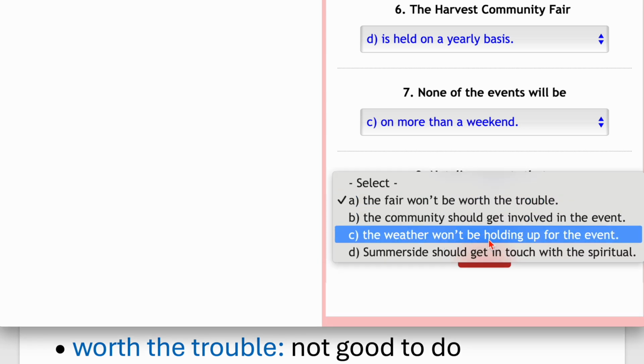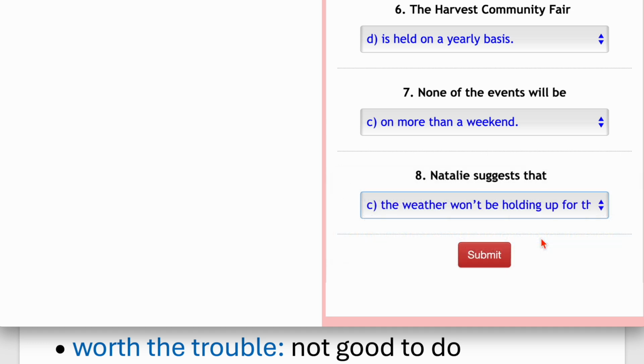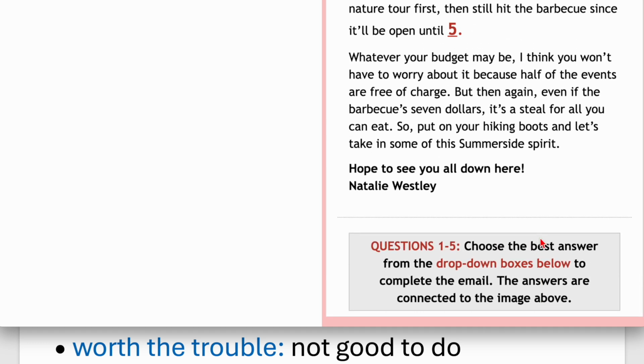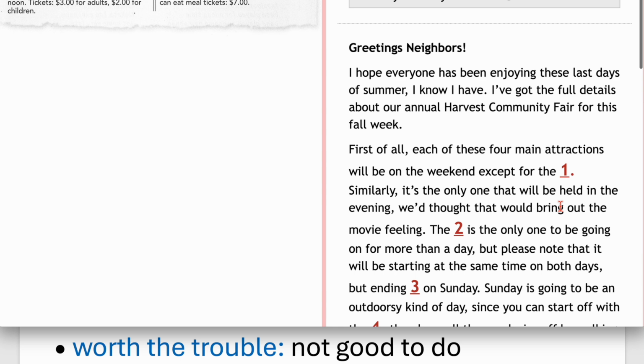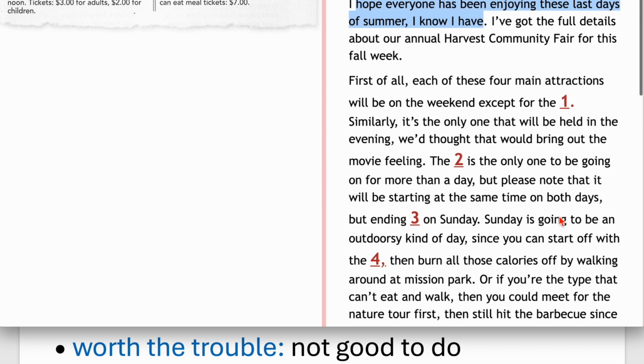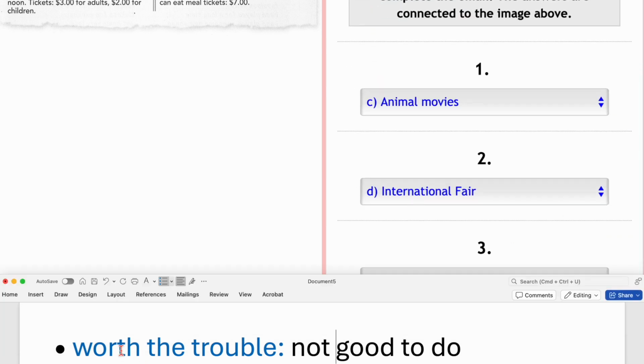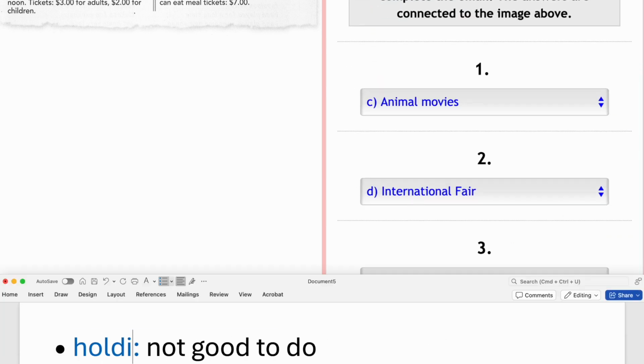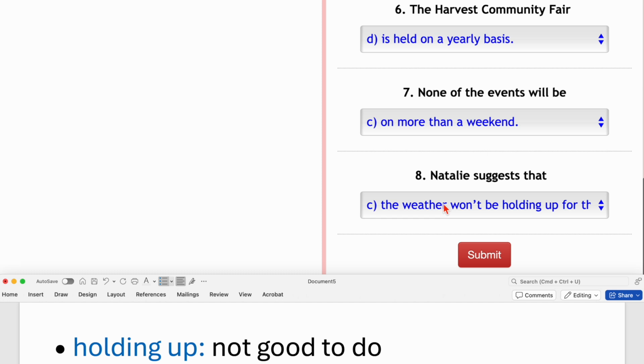Now, the weather won't be holding up. Did she talk about the weather? I think she mentioned over here last days of summer, but she didn't really talk about the weather. Okay, so not about the weather. And holding up. The weather won't be holding up.